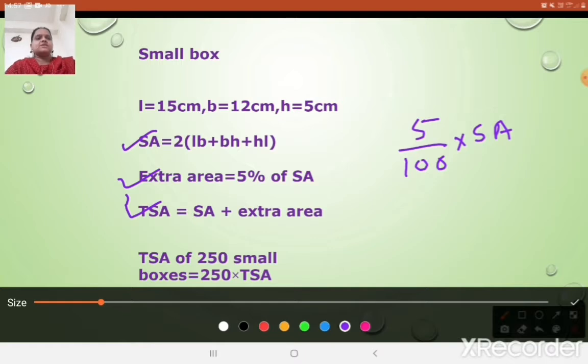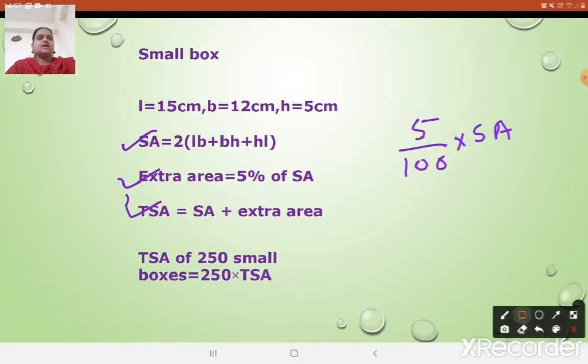This surface area plus extra area. If you add it you will get the total surface area. And this is for one box. Then you find the total surface area of 250 boxes. Is it clear? So this is the calculation for the smaller box.